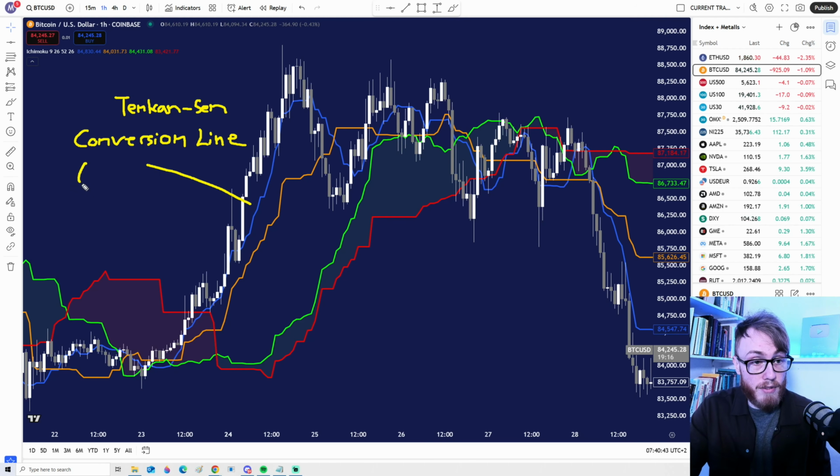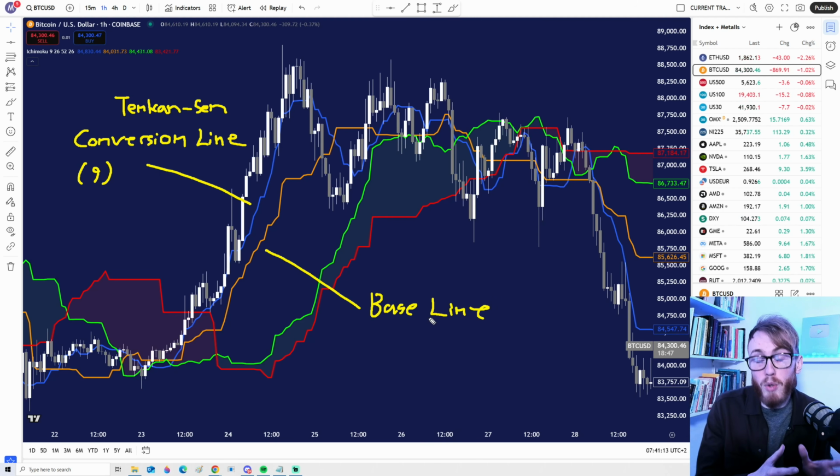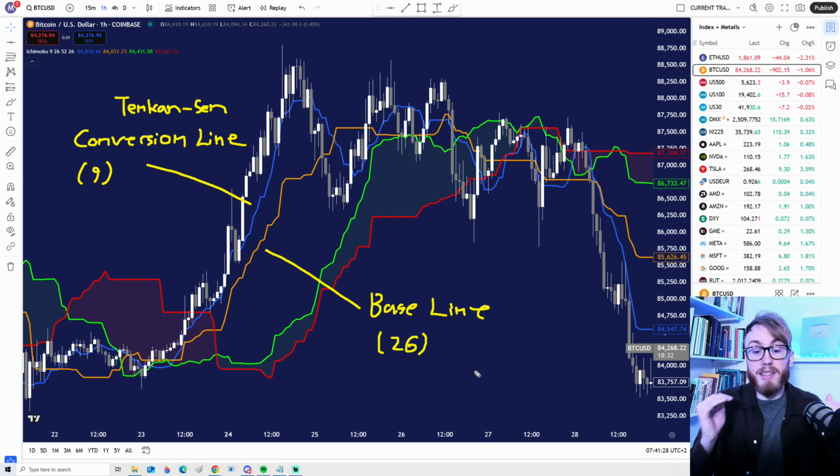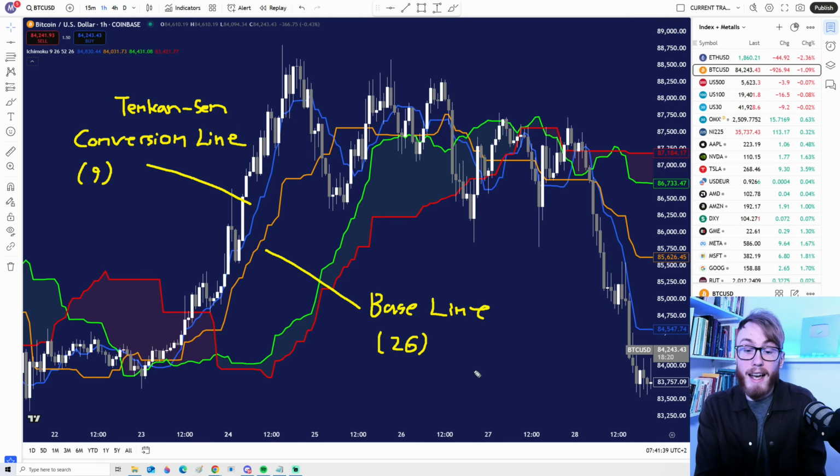So we can write a 9 here because it's basically a 9-period average. Now the orange line is simply known as the baseline. This one shows the medium-term trend direction. The baseline uses 26, so let's write 26 here. It uses 26 periods and is the midpoint of the highest and lowest points over the last 26 candles. And by the way, right now we are on the 1 hour time frame.